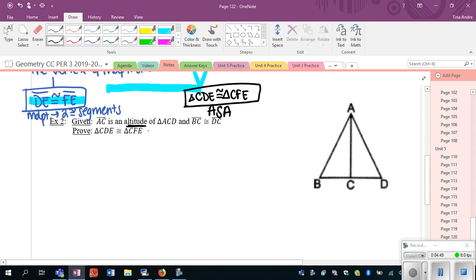So let me fix this here. So we have AC is the altitude of triangle ADB. So let's make this of this big triangle. And what we're going to try to prove here, so we're going to try to prove not CDE because we don't have an E. We're going to try to prove that CDA is congruent to CBA.